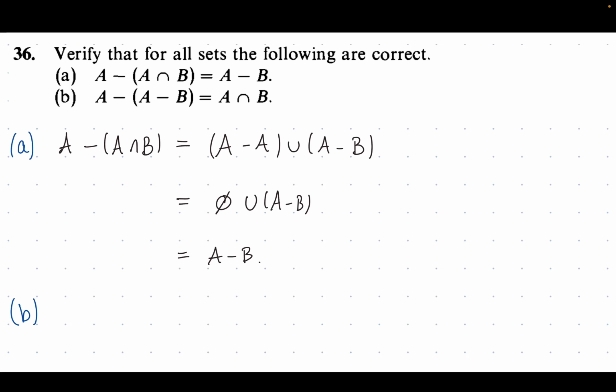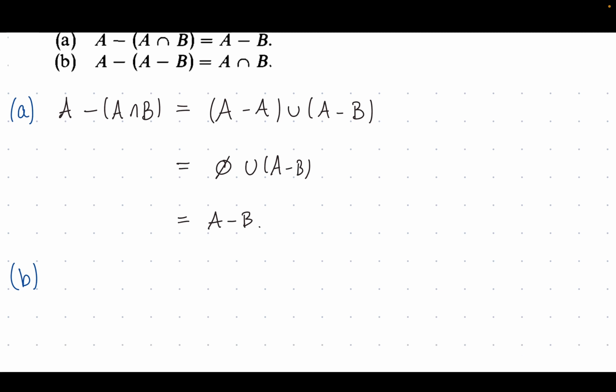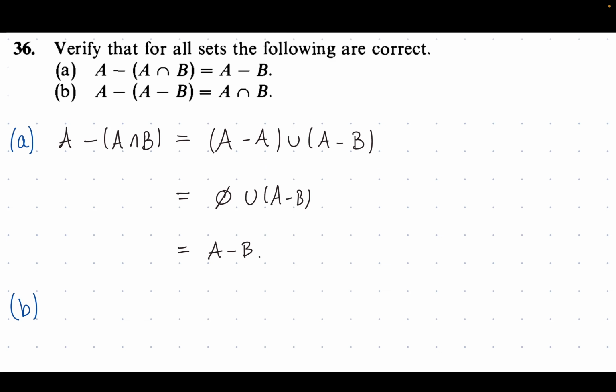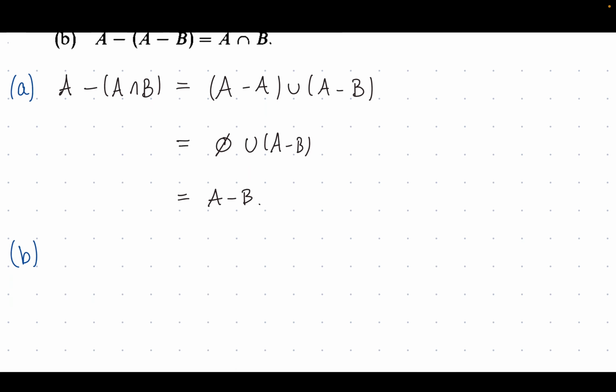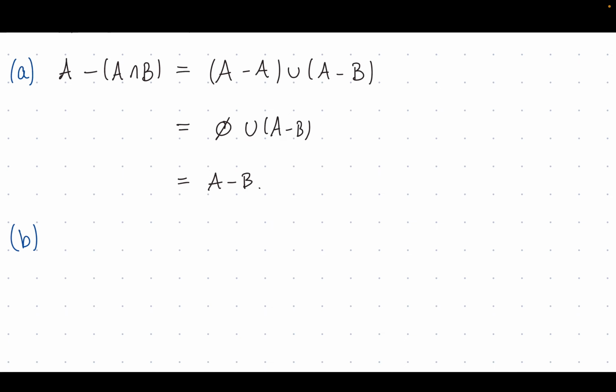And now we have to show that A minus A minus B is equal to A intersect B. Okay, for this one, I couldn't find any fancy tricks to do, like De Morgan's laws. Feel free to comment if you see it, but let's just do a regular proof of set equality.